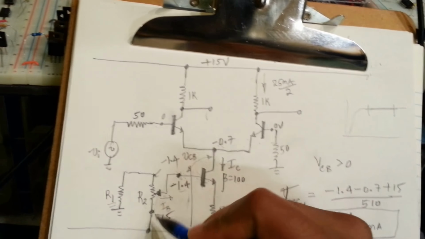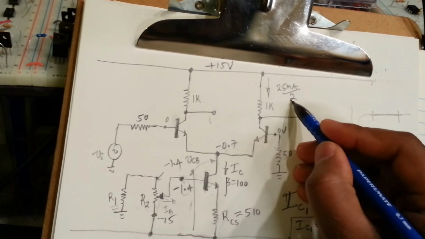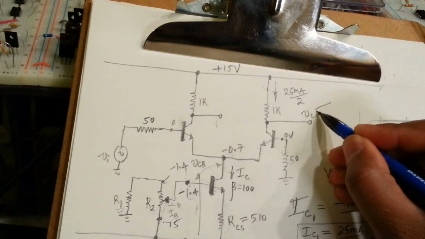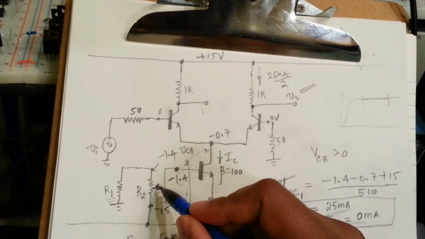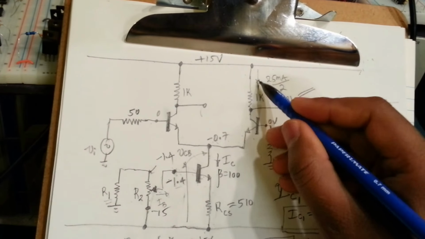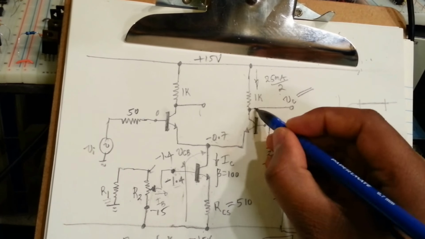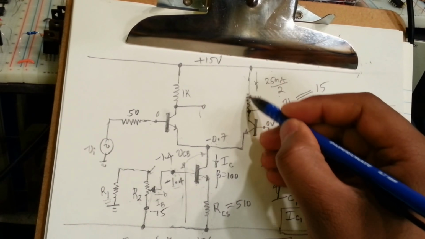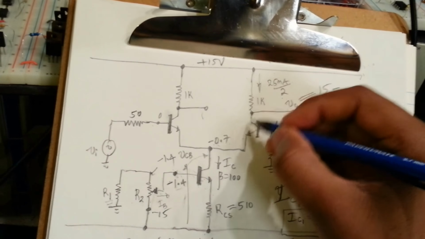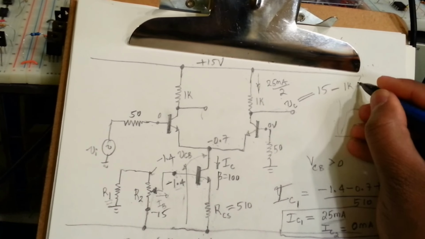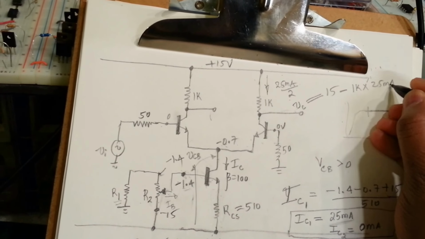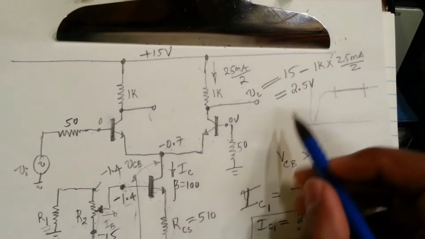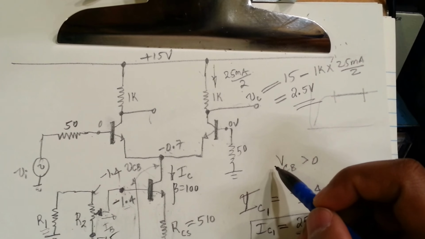So by the time we hit here, 25 milliamps divided by 2, what is this voltage going to be? This voltage VC at that point, when this tap of this resistor is here and 25 milliamps divided by 2 is flowing through here, is 15 from here minus this collector resistor, which was given in the question, multiplied by 25 milliamps divided by 2, which is equal to 2.5 volts.